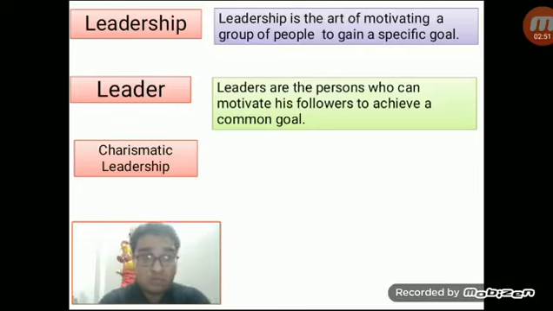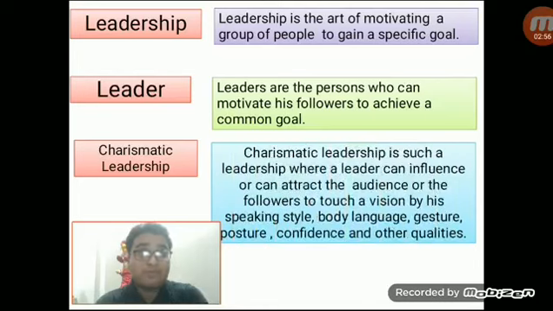Now I am going to show you the definition of charismatic leadership. Charismatic leadership is such a leadership where a leader can influence or attract the audience or the followers to touch a vision by his speaking style, body language, gesture, posture, confidence, and other qualities.